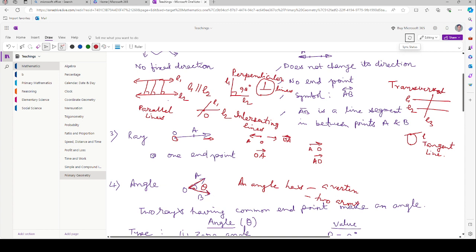What are the two arms? Here OA and OB are the two arms. Here O is the vertex, point O is the vertex, and here OA and OB are the two arms of the angle, and this angle can be represented in symbol like that, AOB. So when two rays having common endpoint make an angle.